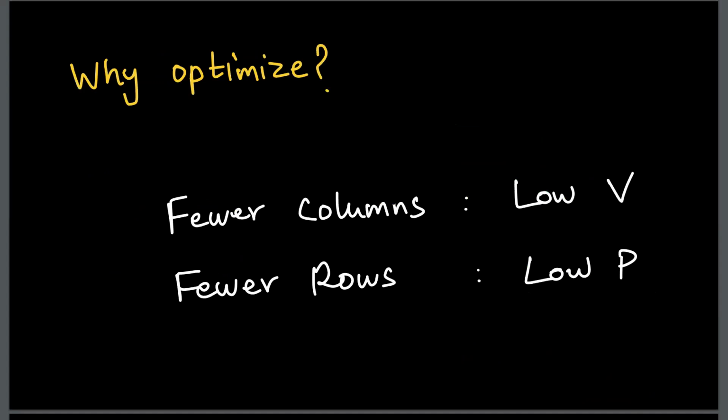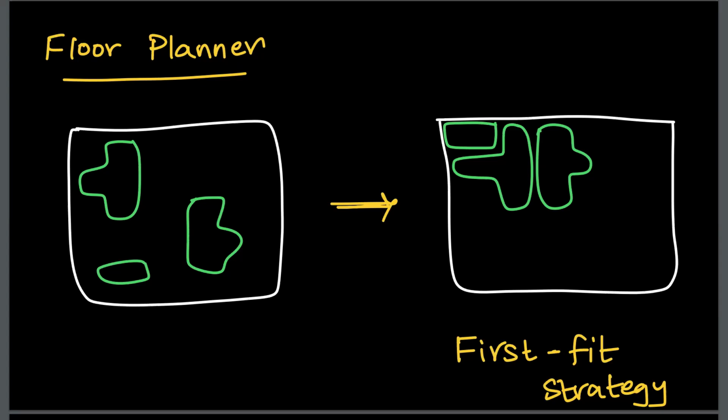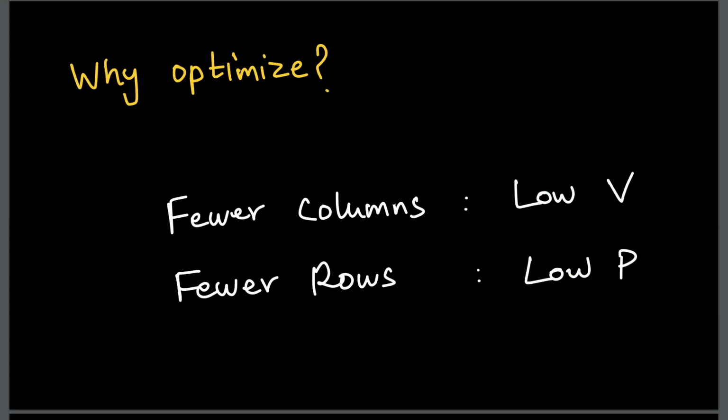Why do we have to optimize? Why can't we just leave it as it is? We are people who have computational systems with limited resources. So we obviously want a small proof, a faster prover and a low verification cost.